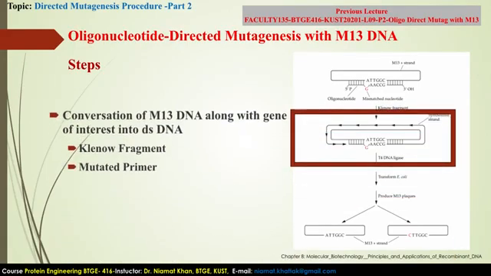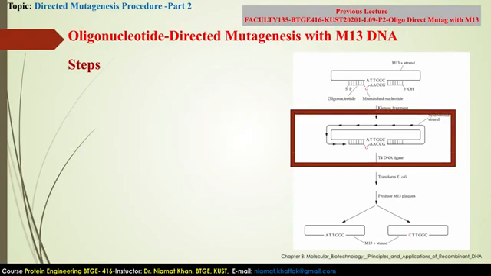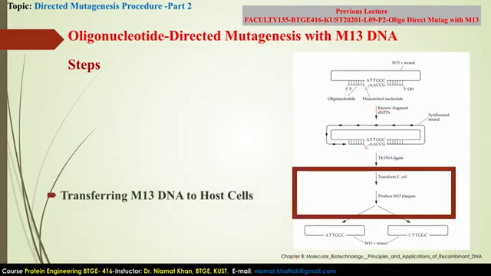Then replication of the other strand to convert it into double-stranded DNA using a mutated oligonucleotide primer and Klenow fragment as polymerase enzyme. Then ligation of the second strand with T4 DNA ligase and transformation to a specific host for amplification.